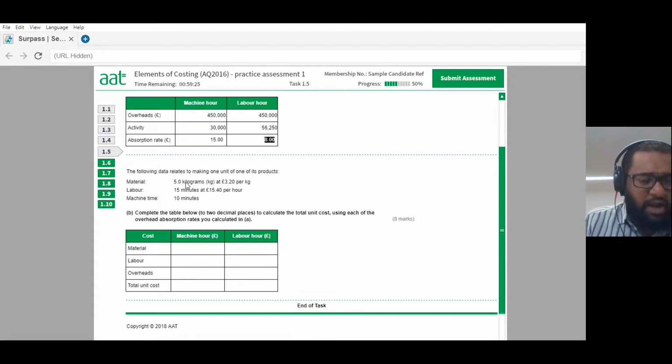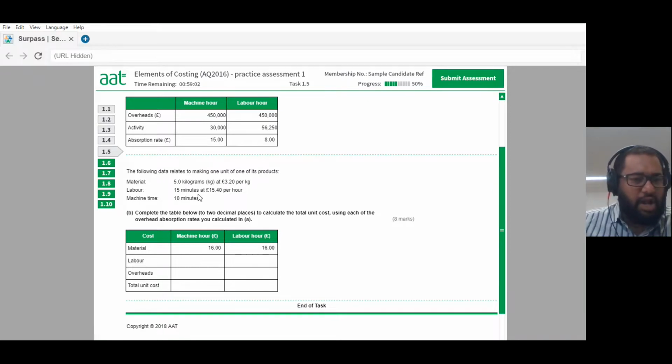Okay, so let's see how this is going to transpire. So 5 kilograms multiplied by £3.20 per kilo is equal to 16 pounds material, and make sure we leave everything in 2 decimals. Okay, so here it's 16 pounds. And then this answer also is going to be 16 pounds. Regardless of what method you calculate, your material cost is not going to change.